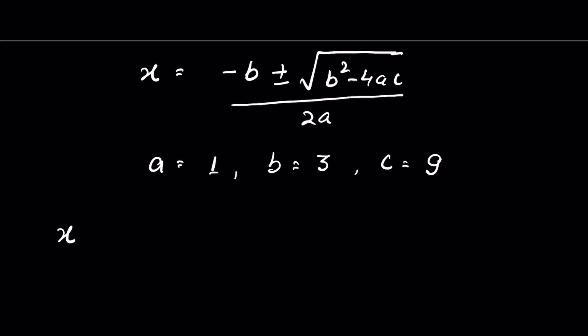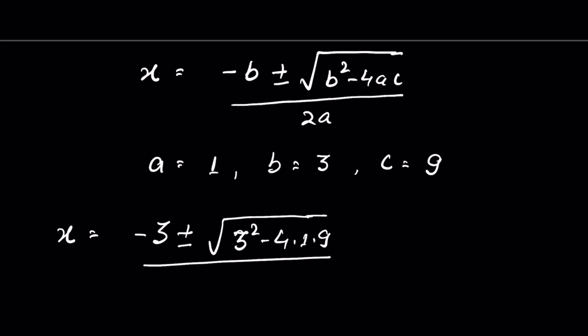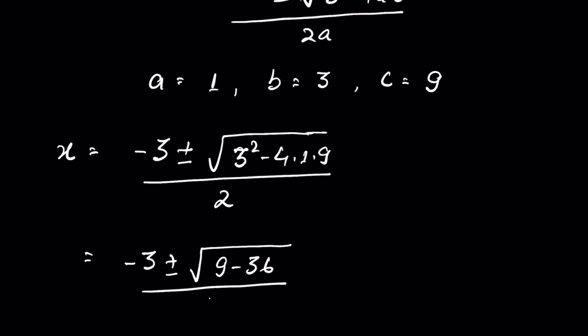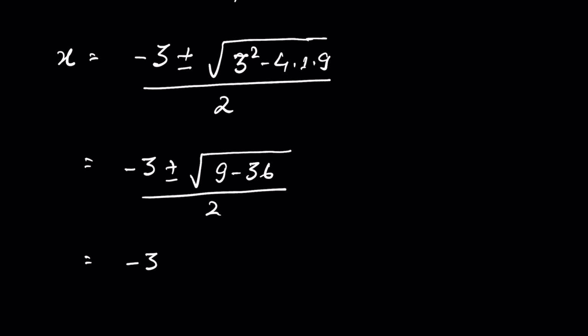So x is equal to minus 3 plus minus square root of 3 square minus 4 times 1 times 9 upon 2, or minus 3 plus minus square root of 9 minus 36 upon 2, or minus 3 plus minus square root of minus 27 upon 2.